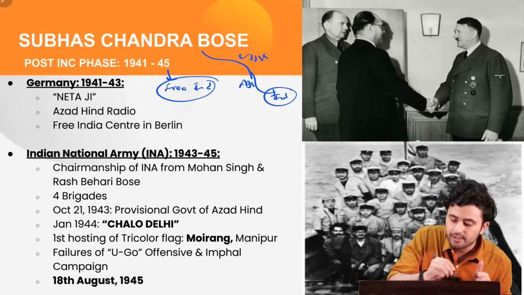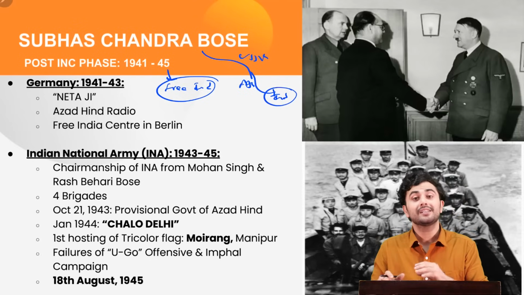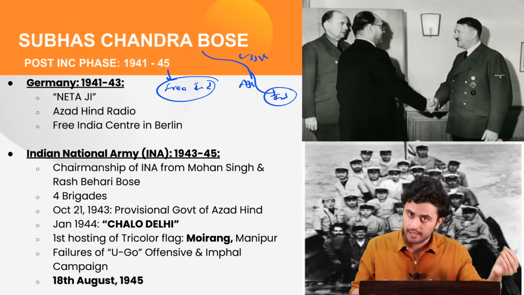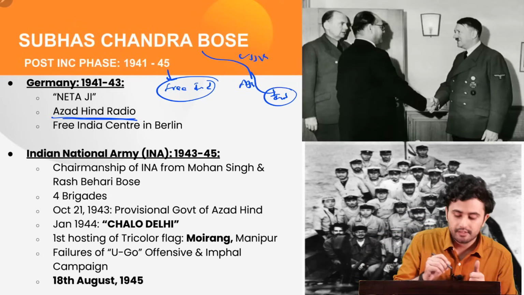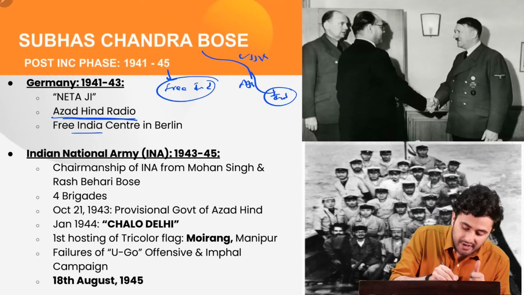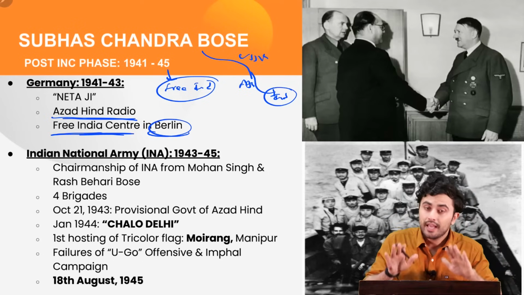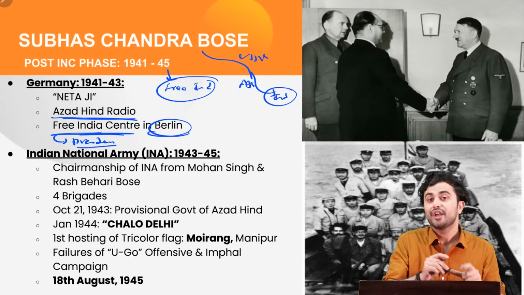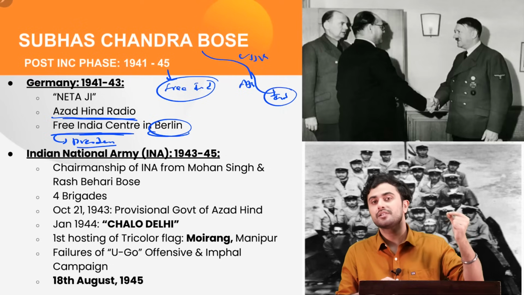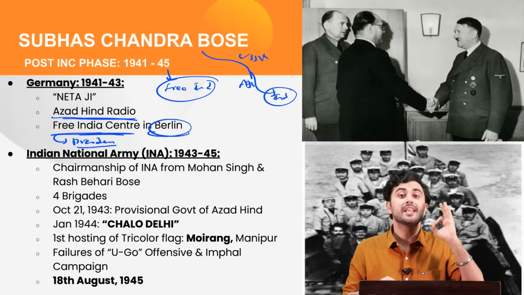For this purpose, he supported the fascist government of Hitler and established the Azad Hind Radio and Free India Center in Berlin. It was here in Dresden, in Germany, where the Indian prisoners of war first gave him the epithet of Netaji.